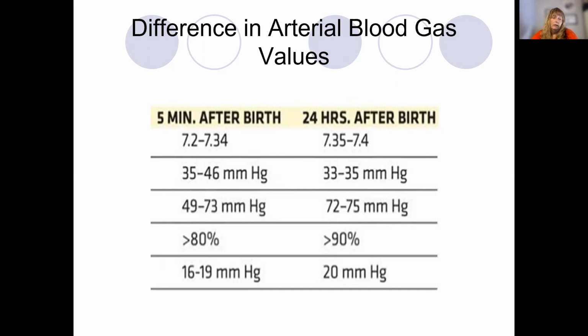Going on, we have 49 to 73 in the PaO2 after birth, and then at 24 hours after birth, it's 72 to 75. Oxygen saturation should be about greater than 80% 5 minutes after birth and greater than 90 24 hours after birth. And then bicarb levels will trend up as well.